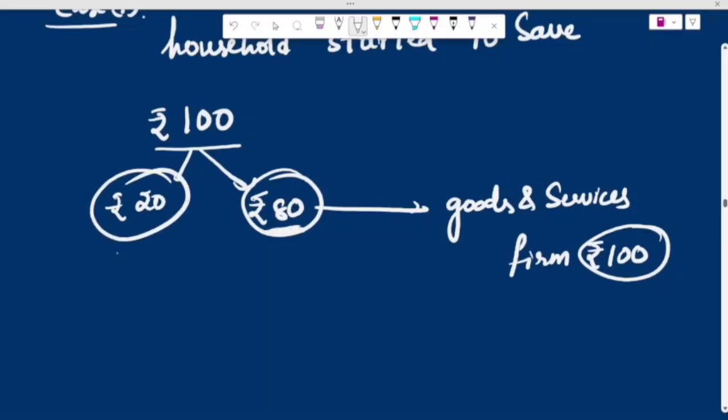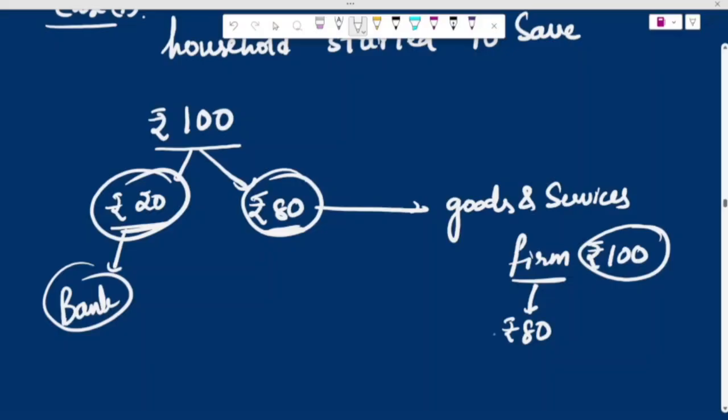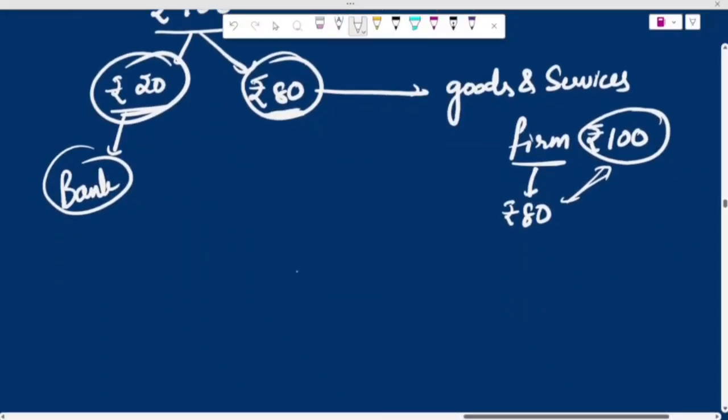So now what will the firm do? The firm will produce only 80 rupees worth of goods, and to bridge this gap it will increase the price of the products. At that point you will be spending more. This is called a state of dynamic equilibrium.